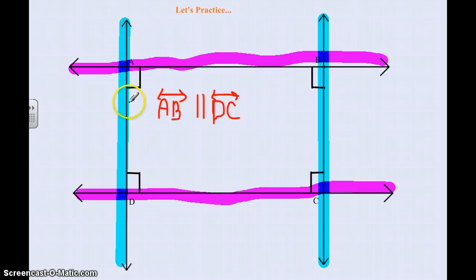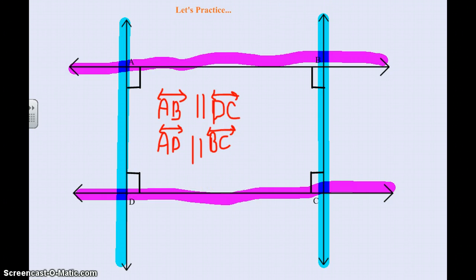We have line AD, so we'd write line AD, and we'd make our parallel symbol, is parallel to line BC. So this again would be read, line AD is parallel to line BC.